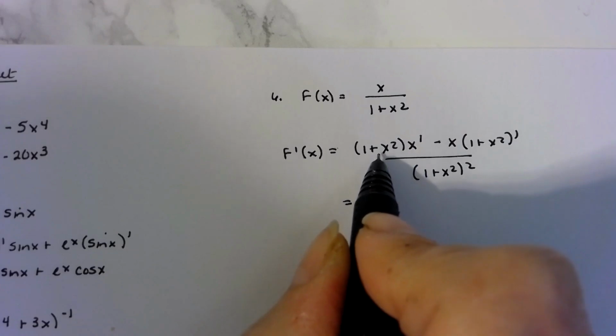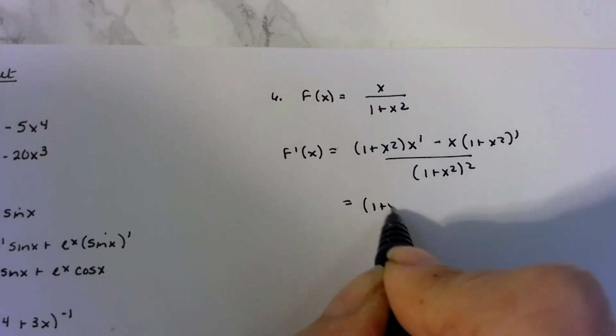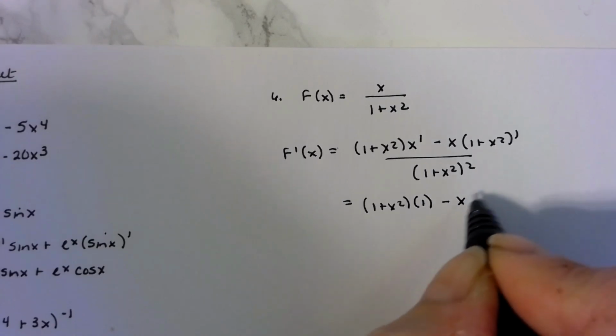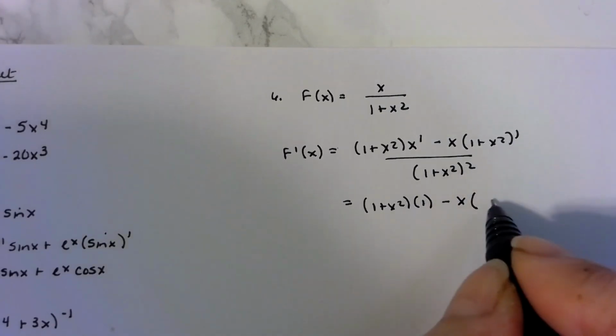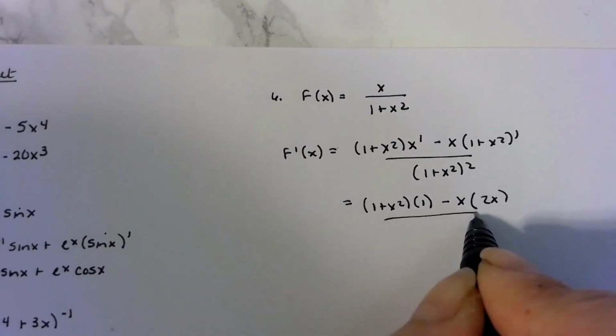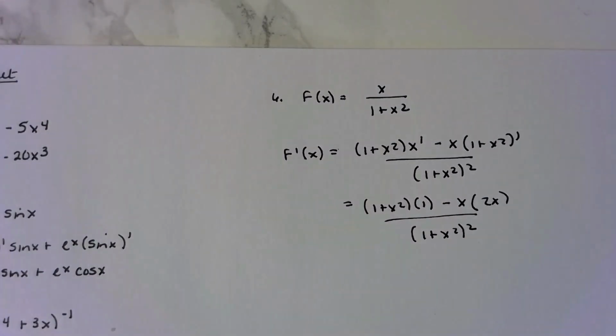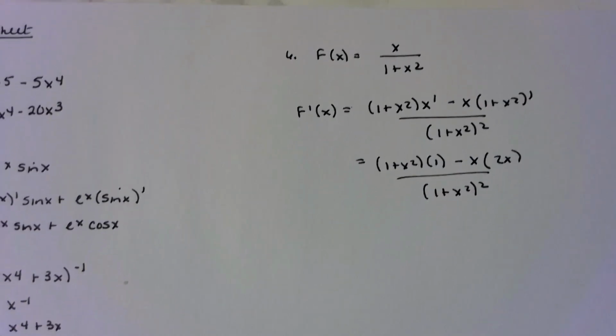And if I take the derivative of high, that's just a 1, minus x times the derivative of low, which is 2x, all over (1 plus x squared) squared. Done. I use the quotient rule.